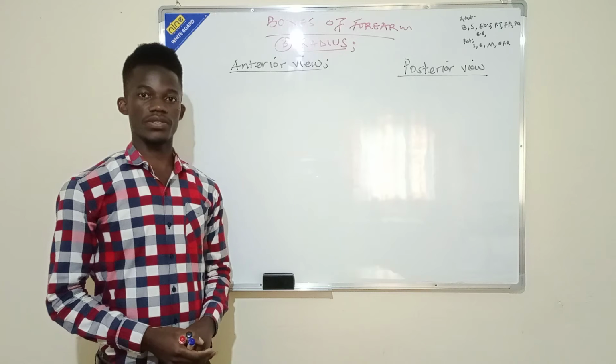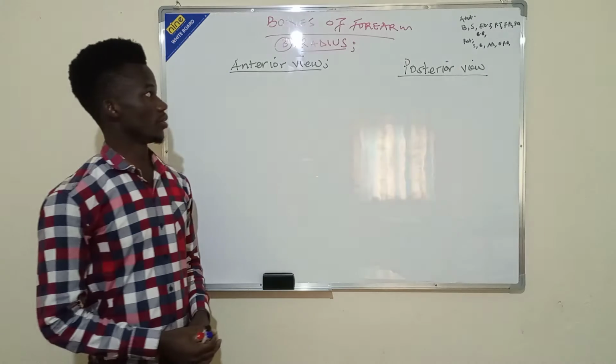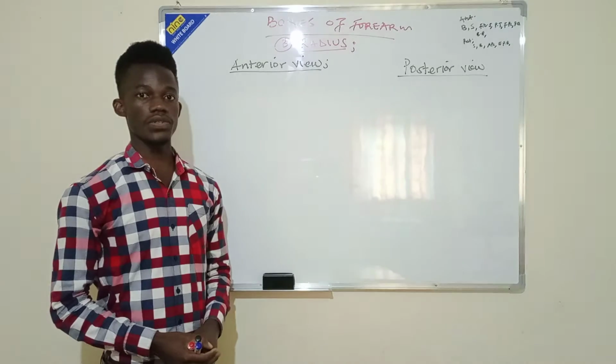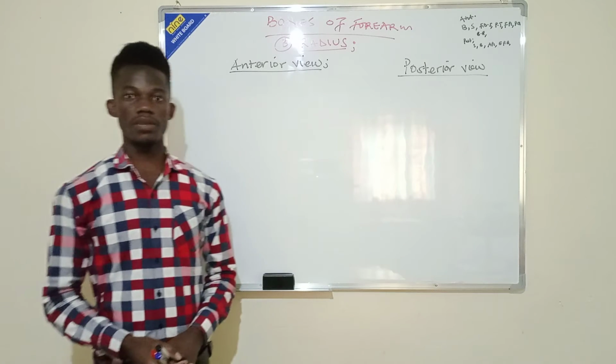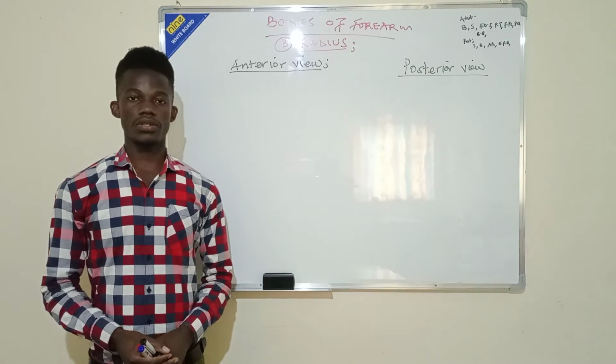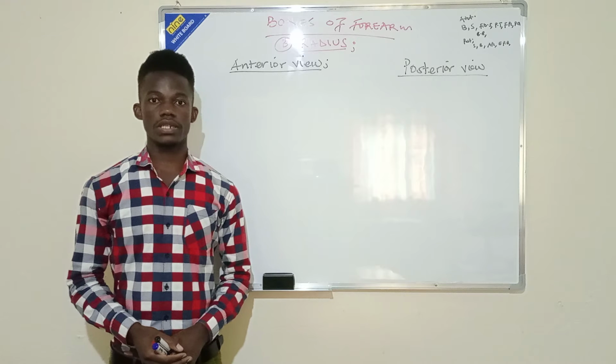We are continuing the osteology of the upper limb, and in this episode we are going to look at another bone of the forearm, that is the radius. In the last episode we looked at the ulna, and in this episode we want to see another lateral bone of the forearm known as the radius.